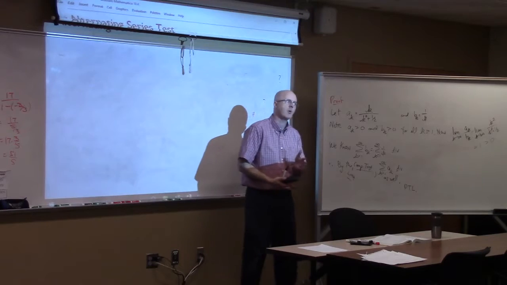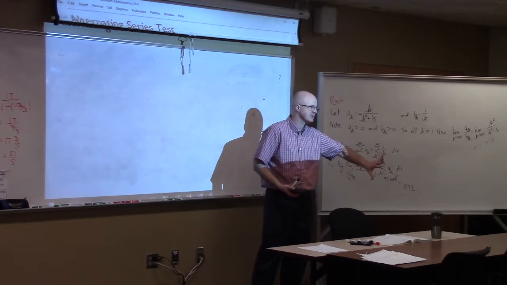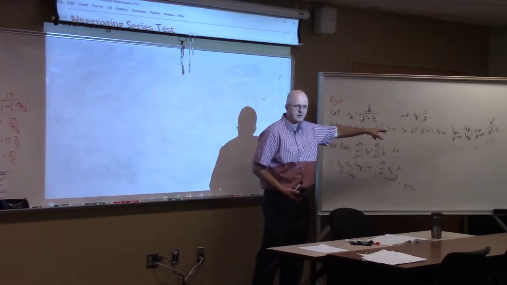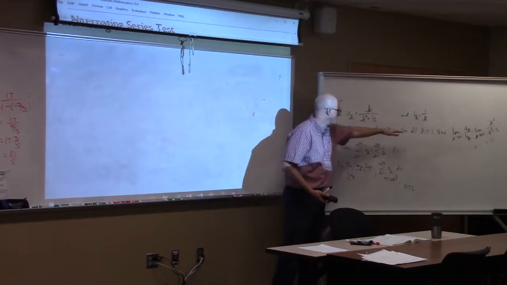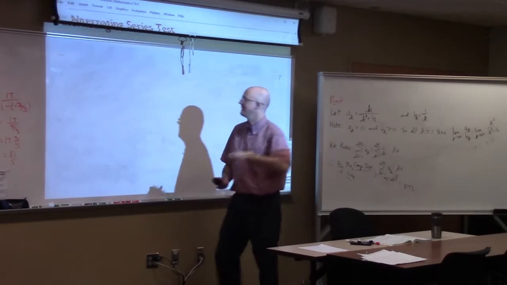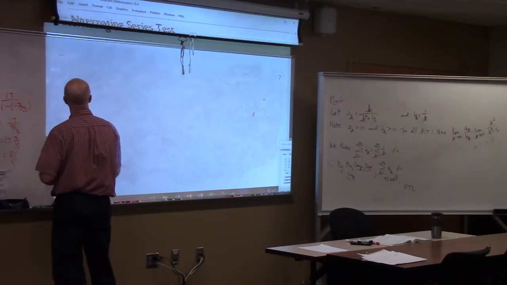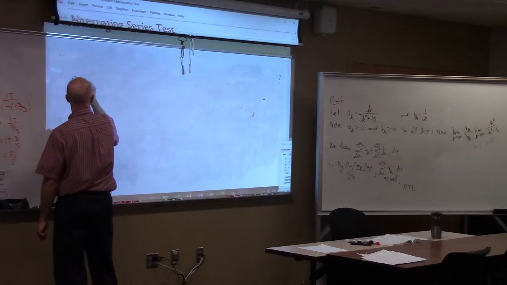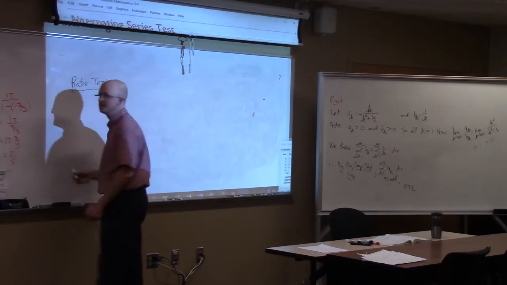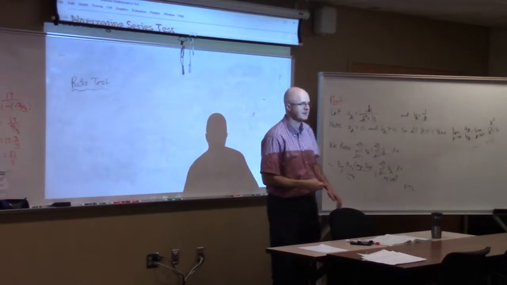Actually, they don't have to always be positive. They can just be eventually positive after some point, and that's good enough. It doesn't have to be true for all k greater than or equal to 1. It could be true for all k greater than or equal to 20. And that's good enough. But the ratio test will apply to any series whose terms are either positive or negative.